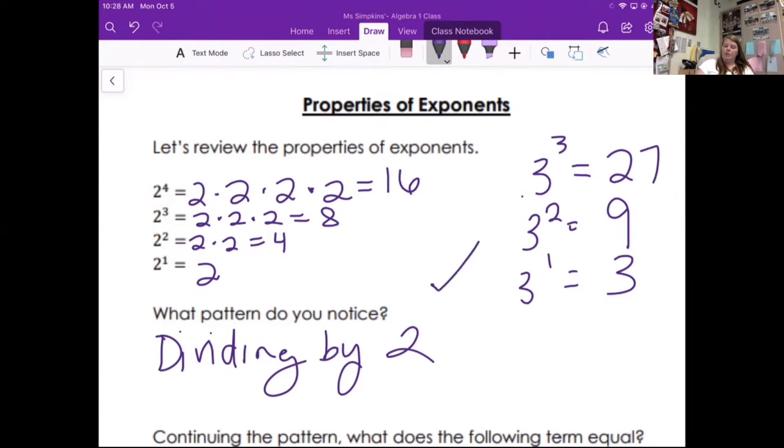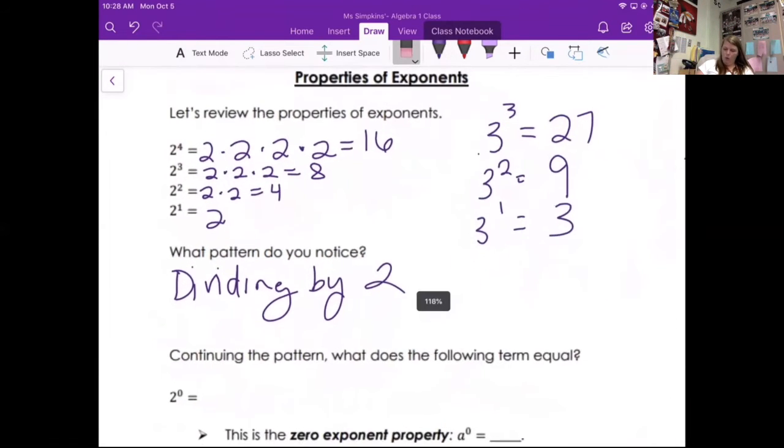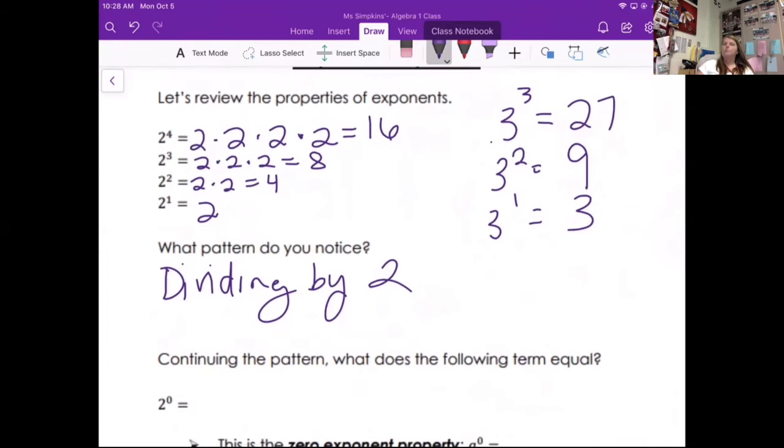So if we continue that, what would 2 to the 0 equal? Oh, someone says 0, someone says 1. Why do you say 0? Go ahead, Brianna. It's 1. Why? I remember one of the rules on the worksheet. Yeah, I agree. Yes, you're right.